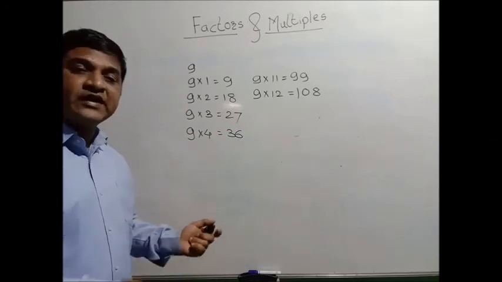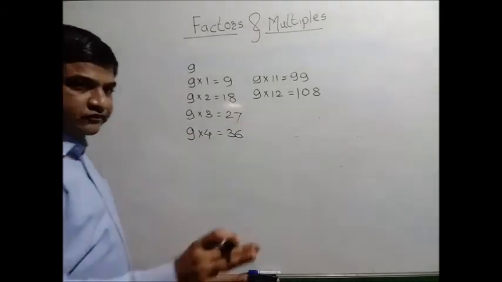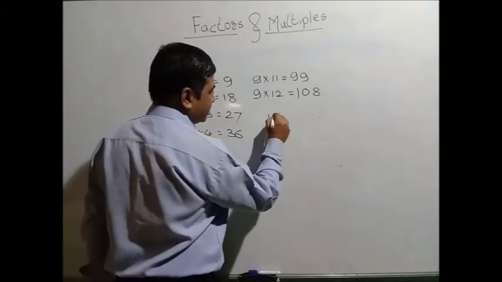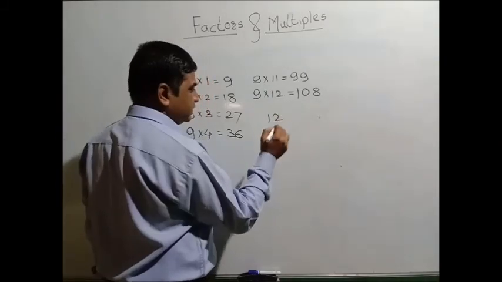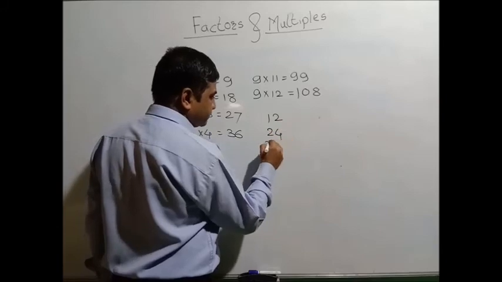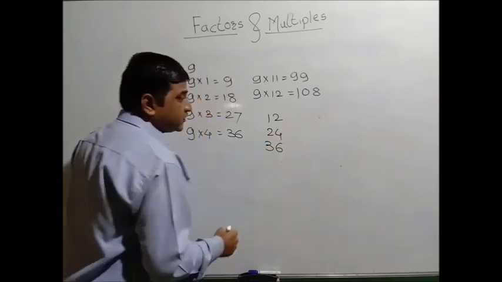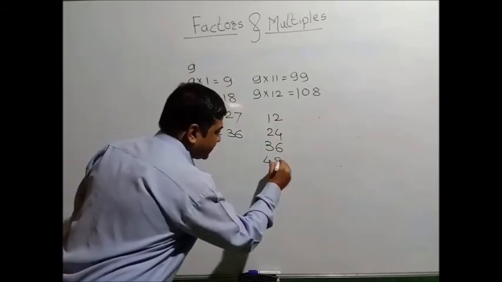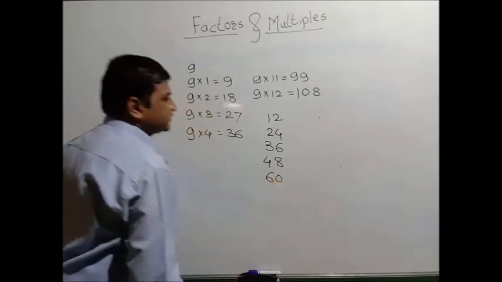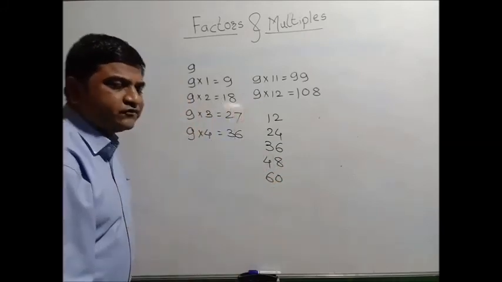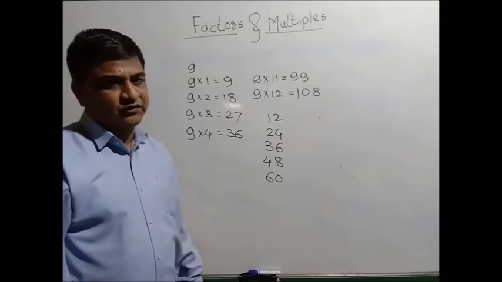If I say find the first 5 multiples of 12, then I will write 12 ones are 12, 12 twos are 24, 12 threes are 36, 12 fours are 48, and 12 fives are 60. Now these are the first 5 multiples of 12.